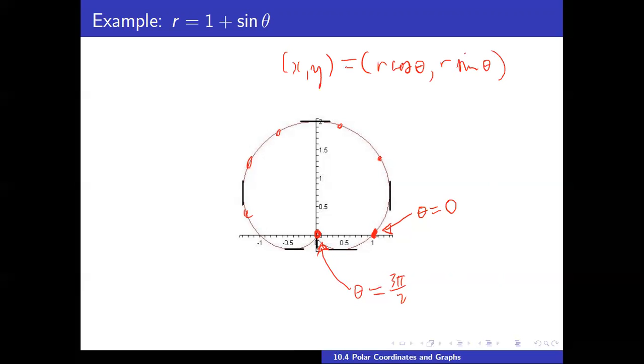But what is that equal to, Daniel, when theta is equal to 3 pi over 2? If you plug in 3 pi over 2, the sine function is -1, correct? So r is 0 at that point. So you would end up getting 0 for that. And the radius is 0 in both coordinates, so I happen to be at the origin when that happens.